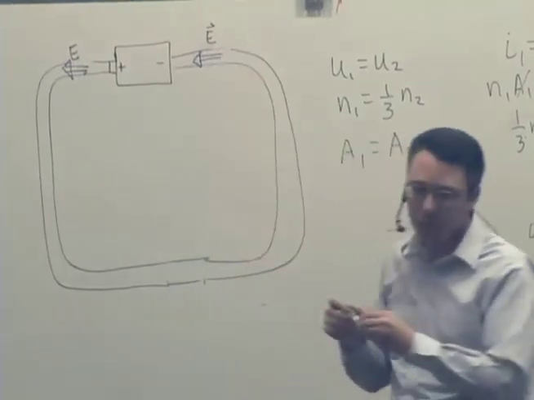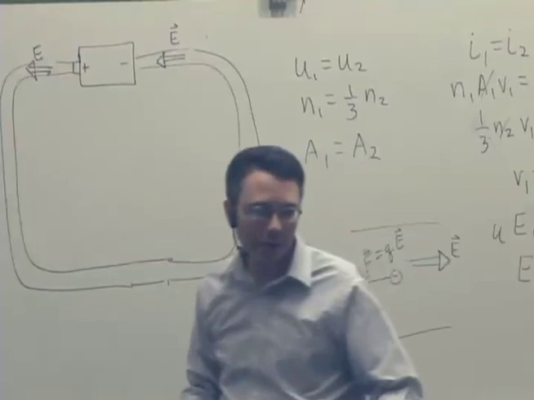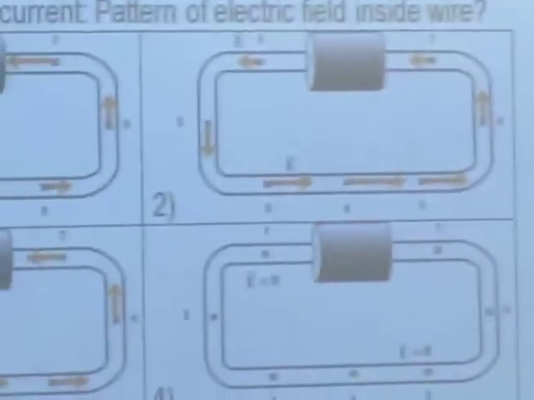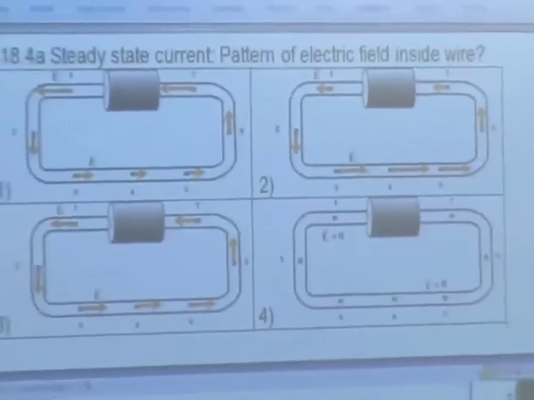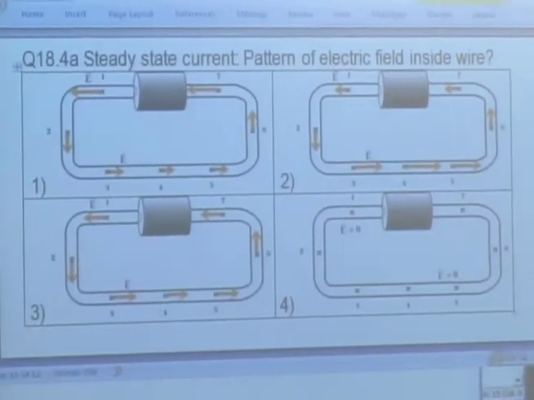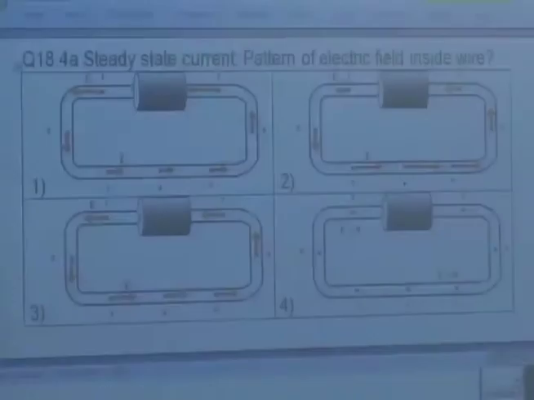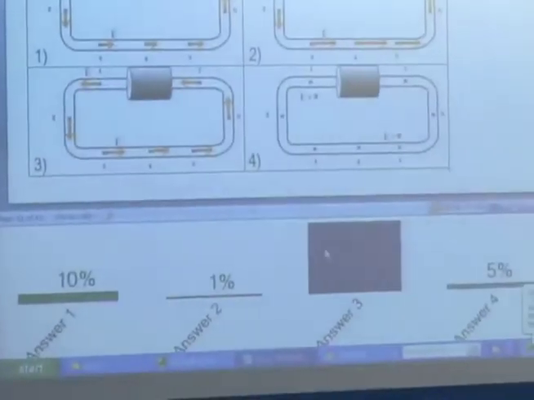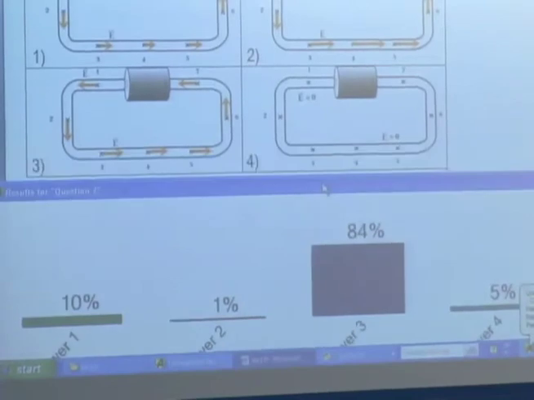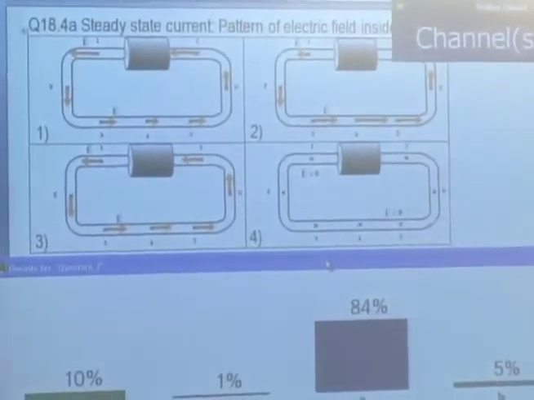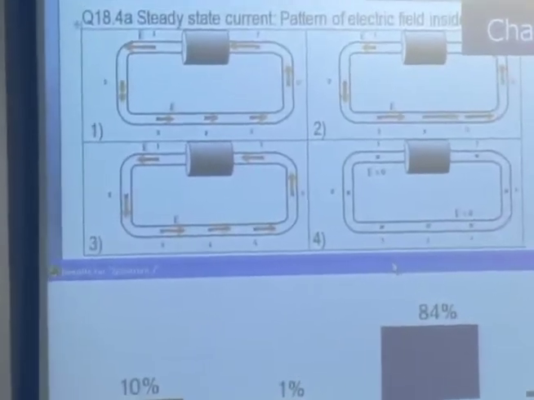So the question is, what's the overall pattern of the electric field when we're in the steady state inside the wire? Notice the difference in the magnitudes, so see which one is the best fit. Okay, so almost everybody is saying that pattern 3 is the best fit, because all those electric field vectors, how do they compare?